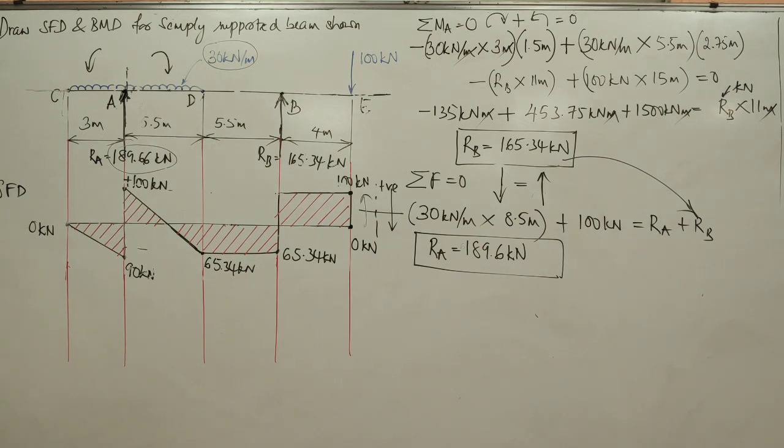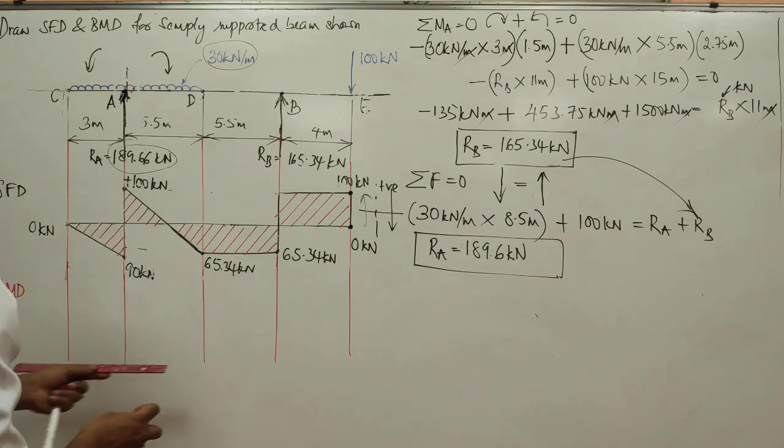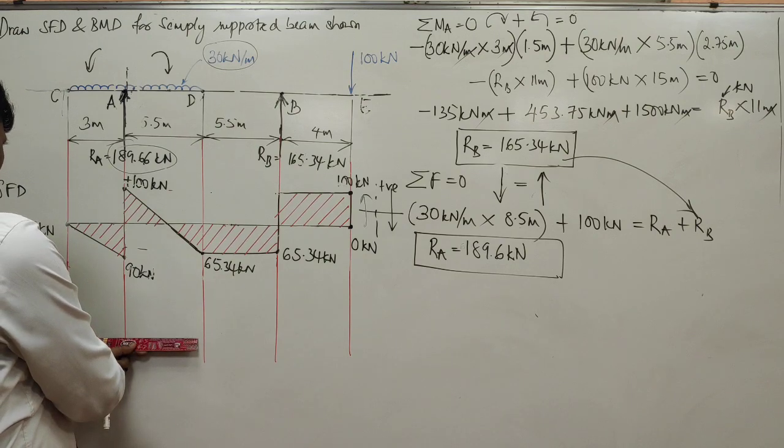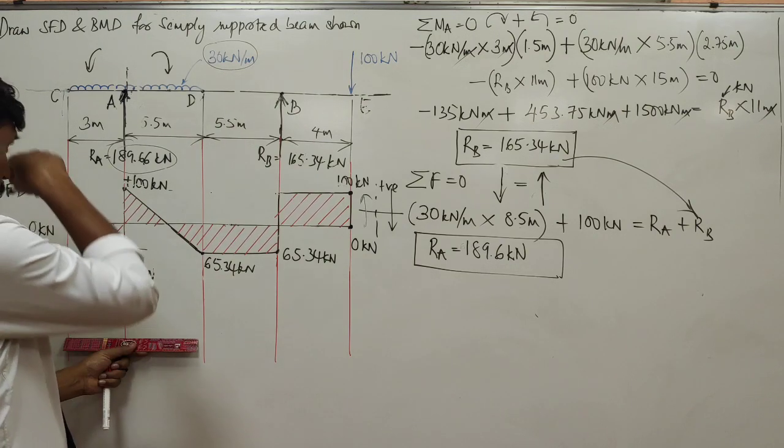So we are done with the shear force diagram now. Now let us draw the bending moment diagram. So let us first draw the zero line for the bending moment diagram. What do you think?